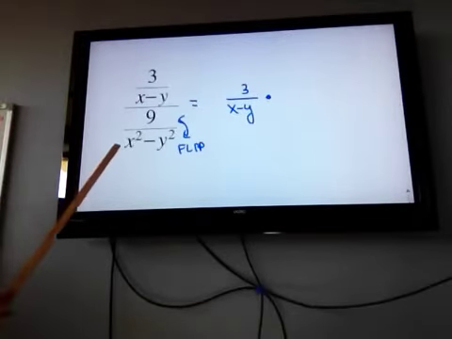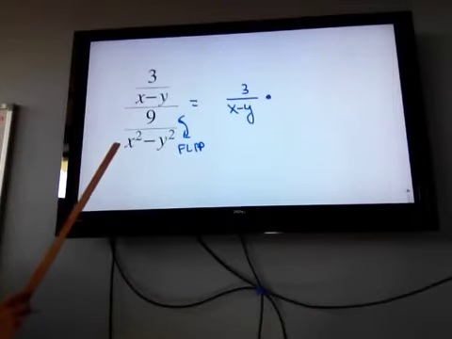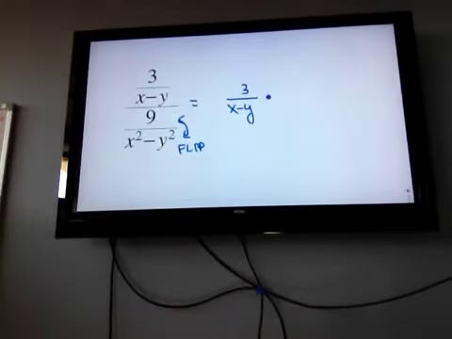X squared minus y squared is going to go to the top. This is a difference of squares. So it's going to factor into x times x, y times y, plus and minus. And then the 9 comes to the bottom.